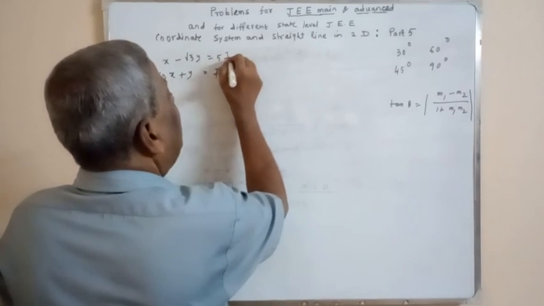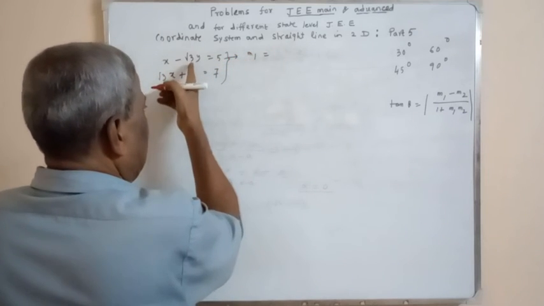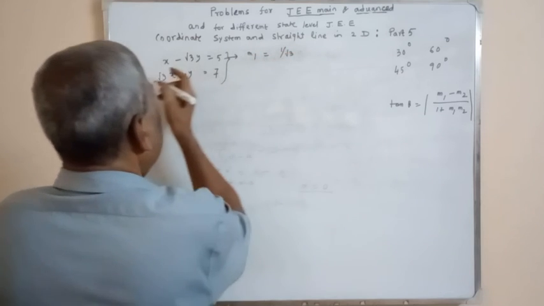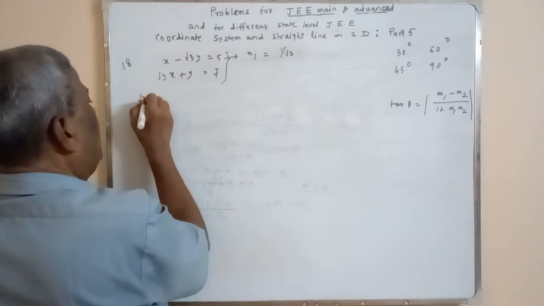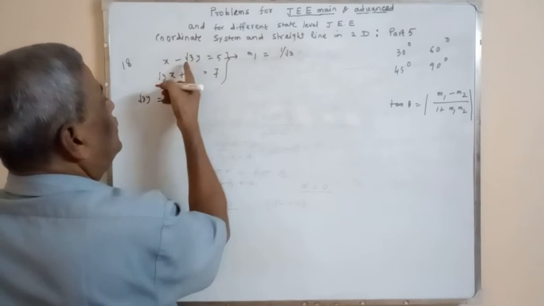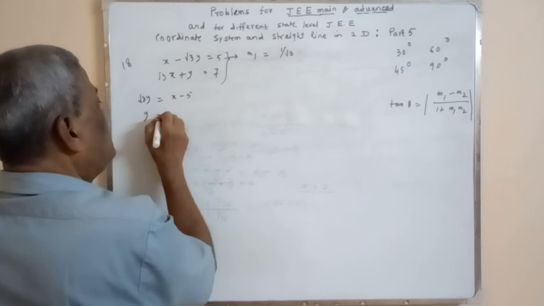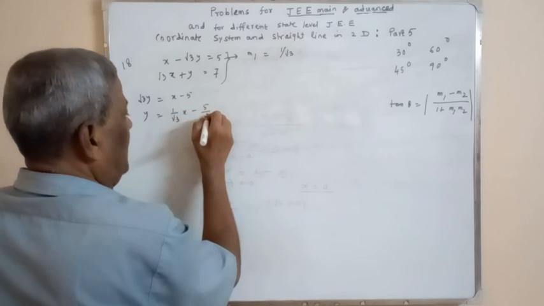Now from here, its gradient m1 is equal to, in fact, 1 by root 3. Because it is of the type root 3 y is equal to x minus 5. So y is equal to 1 by root 3 into x minus 5 by root 3.